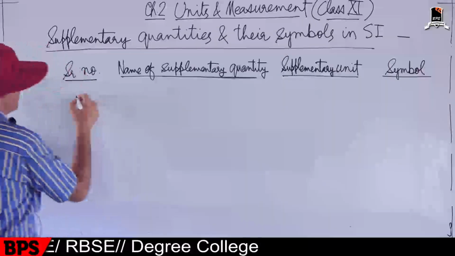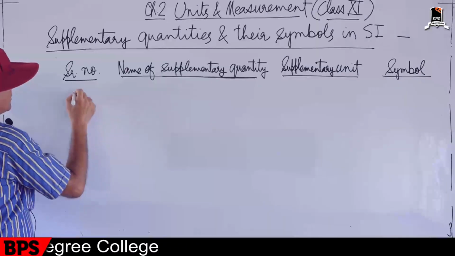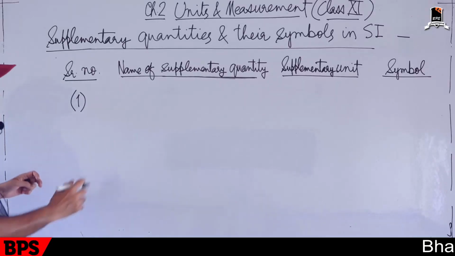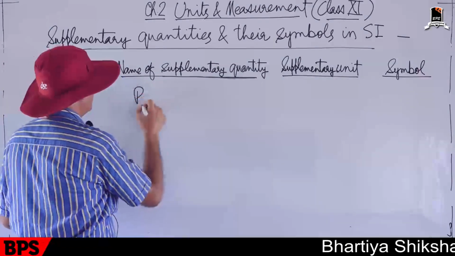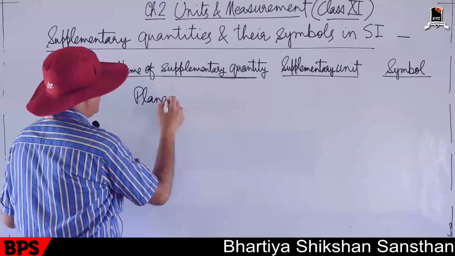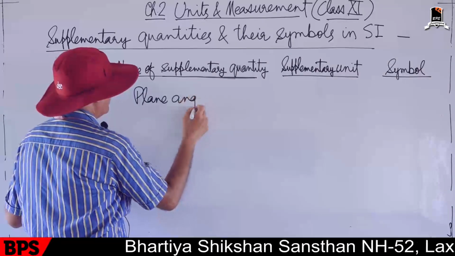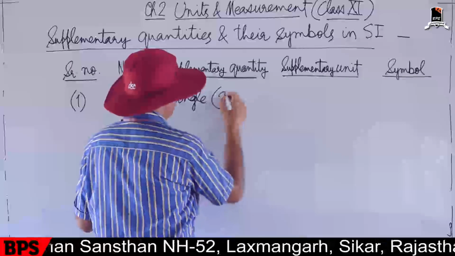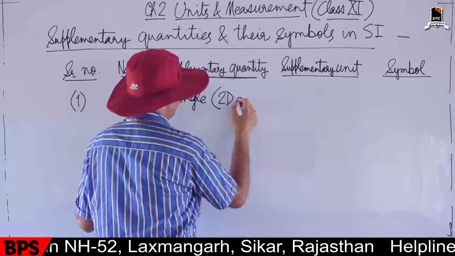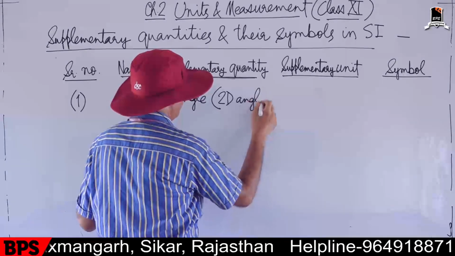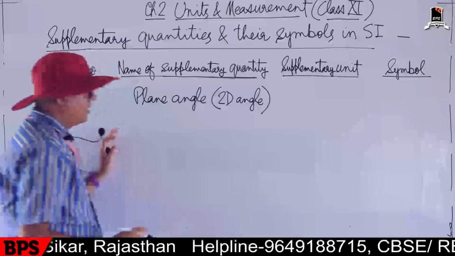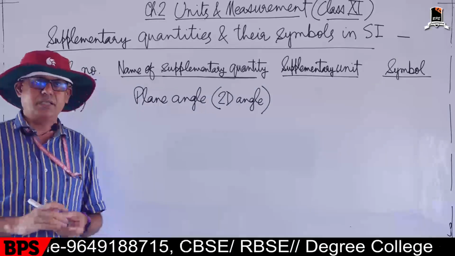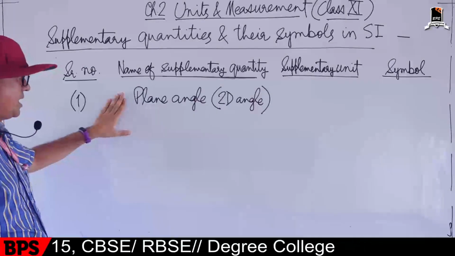First one is for the measurement of plane angles. Plane angle means two-dimensional angle. Up to class 10th, you have studied these angles only.